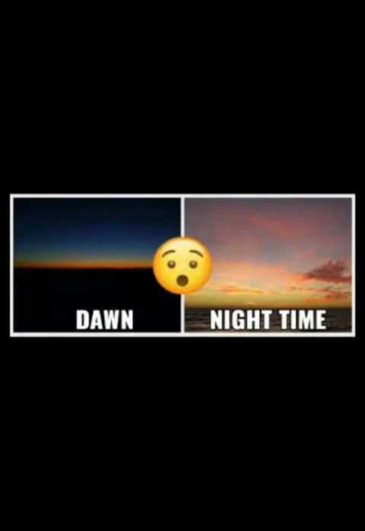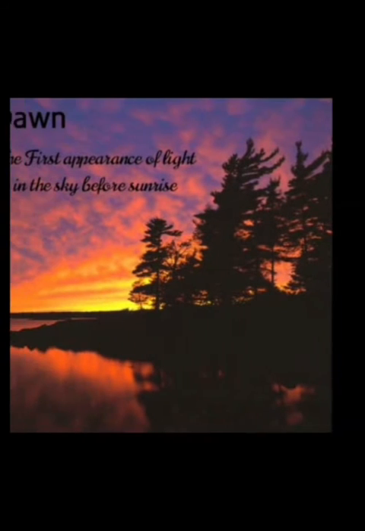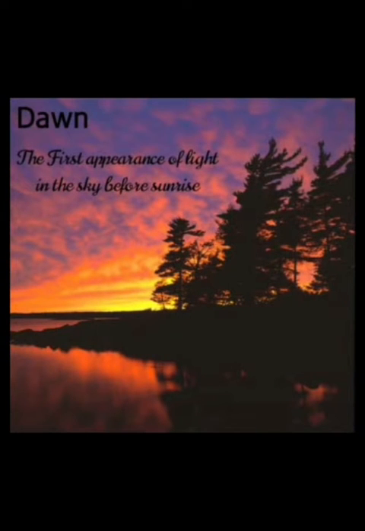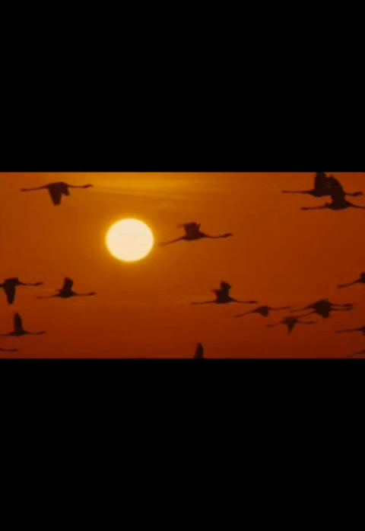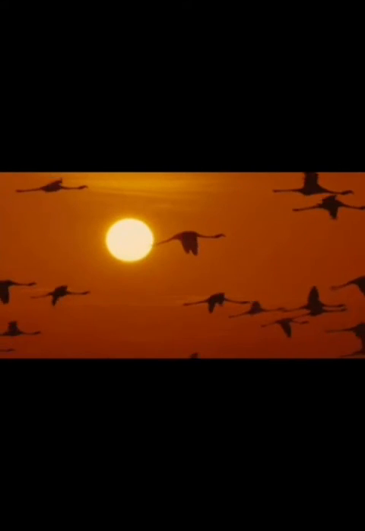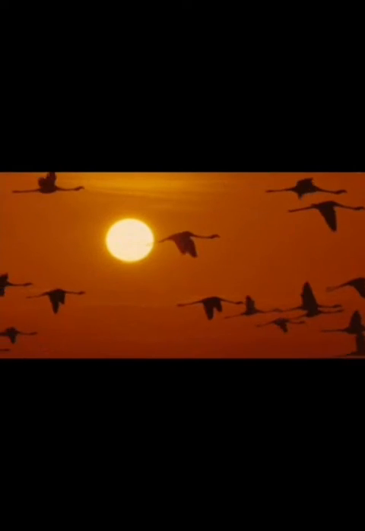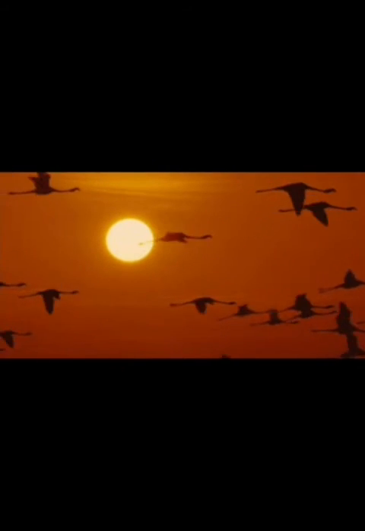From dawn to night time. The first appearance of light in the sky before sunrise is called dawn. Can you see, children, the beautiful shades of color? Birds are the first to sense the end of the night. Their chirping begins from early dawn.